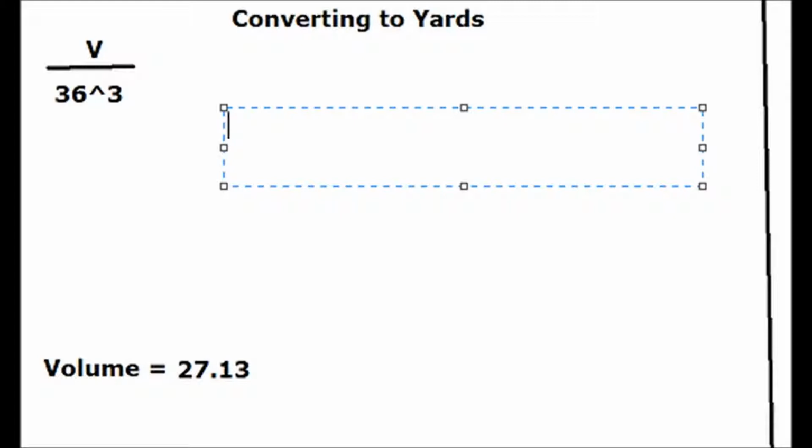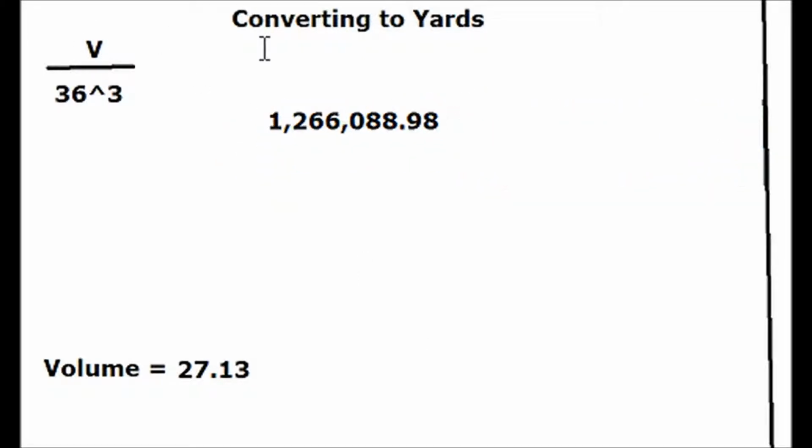So you have 1,266,000, and there you have that. So that is the volume, as I have already told you. Then you're going to want to put it over, you're going to divide it, this sign means divided by 36 cubed.